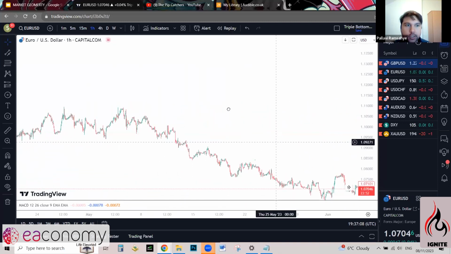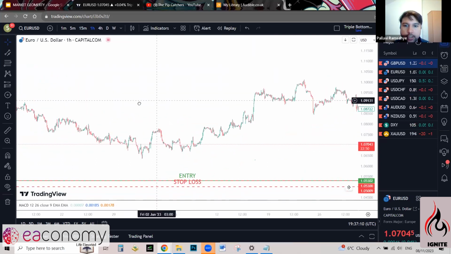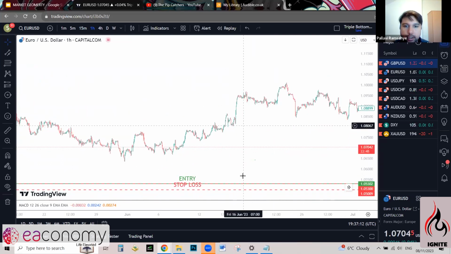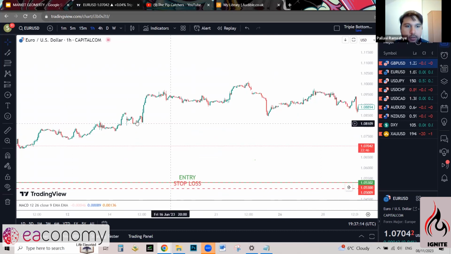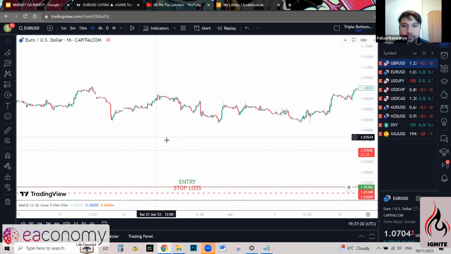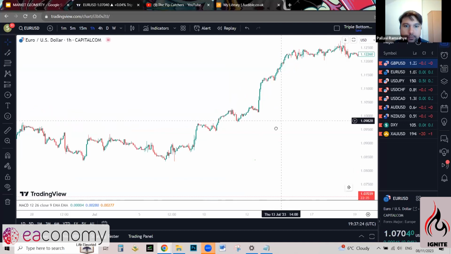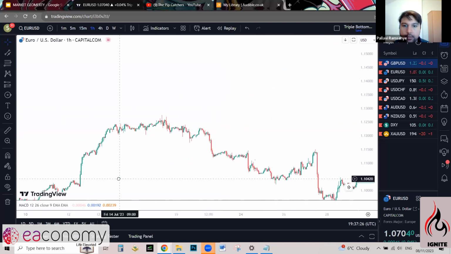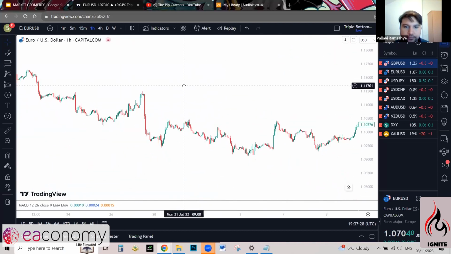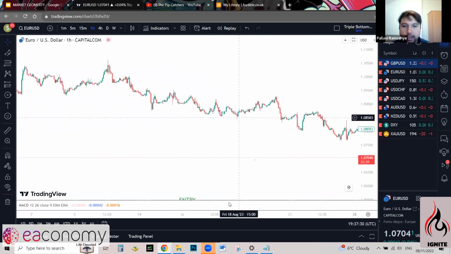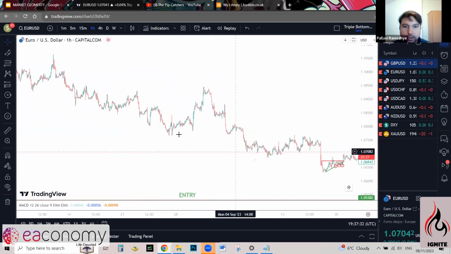I can't really see much on Euro USD. This looks, there's that break there, which I don't really like. But try and look at a downward trend as well.